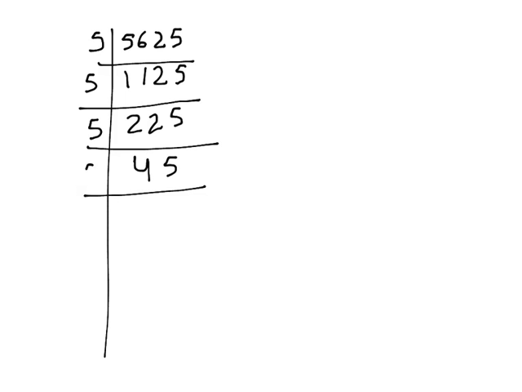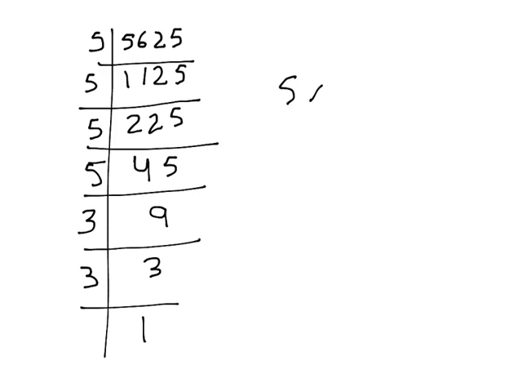We get 45, and then again we divide by 5 and get 9. Then 9 is divisible by 3. We get 3 and then 3, then we get 1. So what we have is four 5s and then 3, 3.